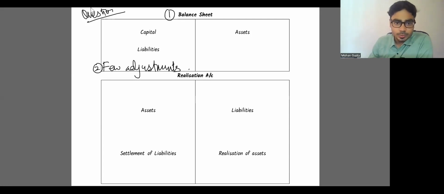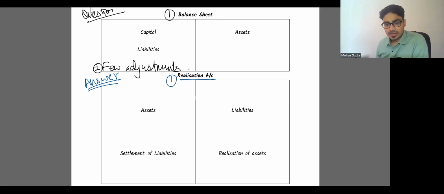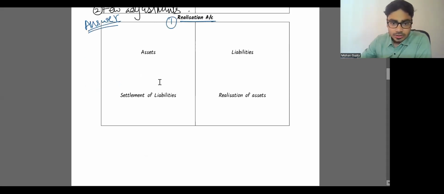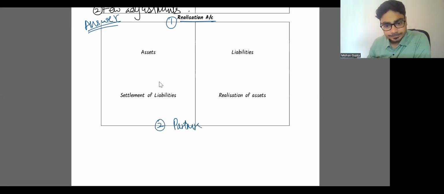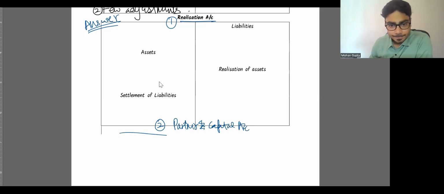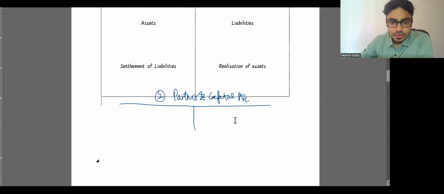And what will the question expect from you? First, the realization account. Then they will ask you to prepare the partners' capital account. And the last one is the cash and bank account. So I'm just writing in short here: partners' capital and cash at bank.